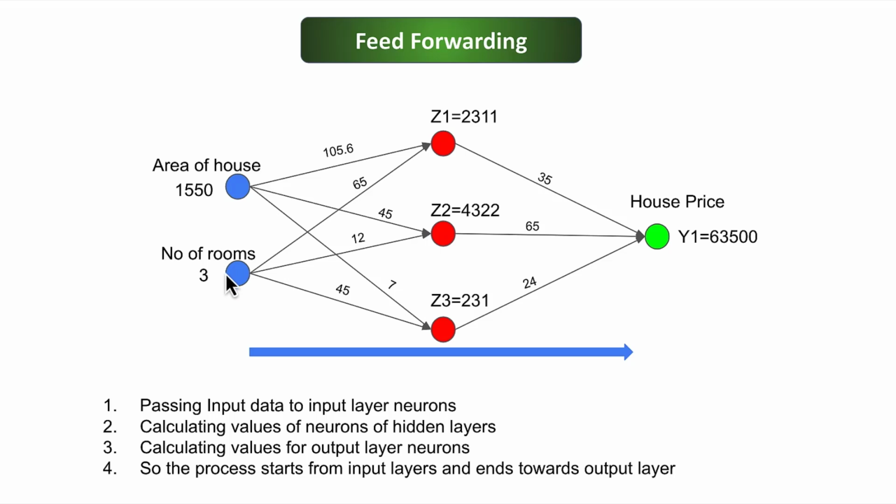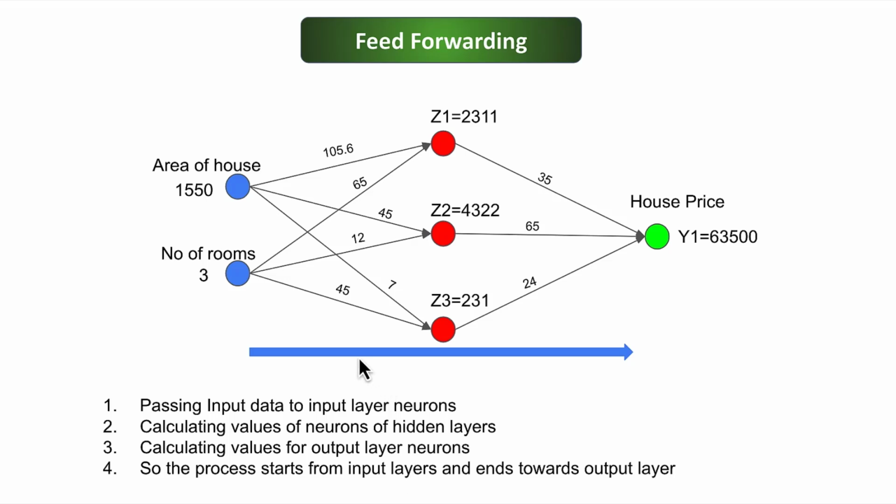And after that, we are calculating the values of neurons of the hidden layer. And then using these values, we are calculating the value of the neuron at the output layer. And this whole process is called feed forwarding. So the process starts from the input layer and ends at the output layer.